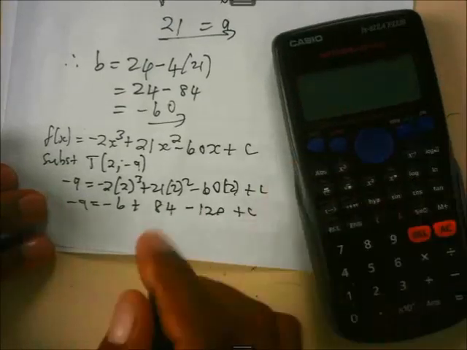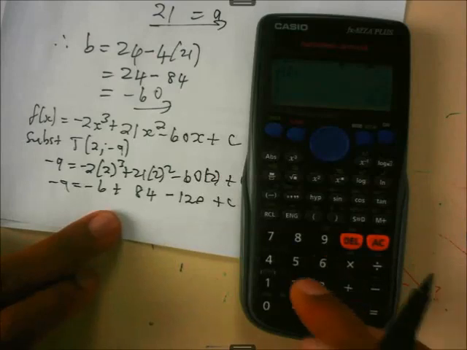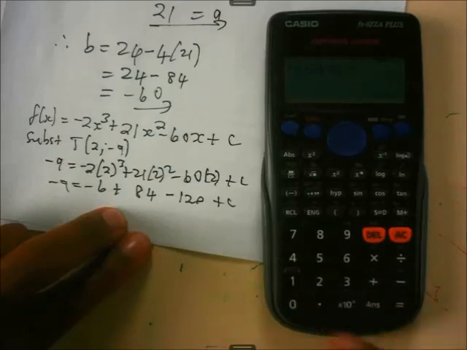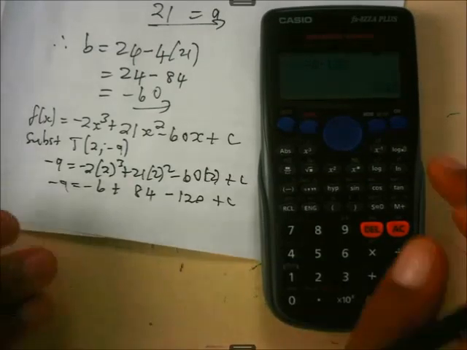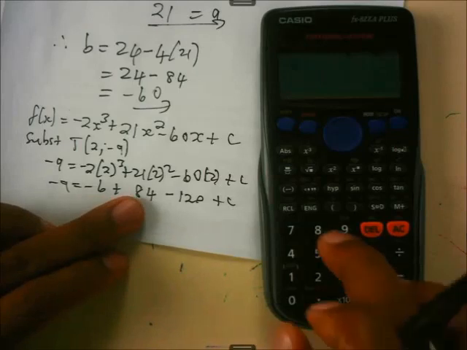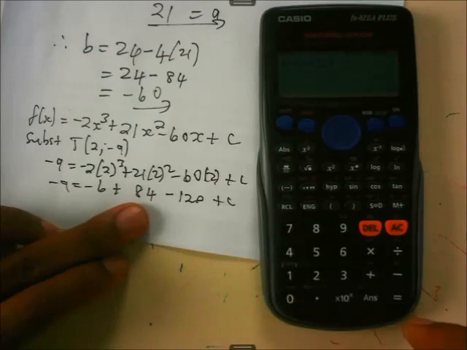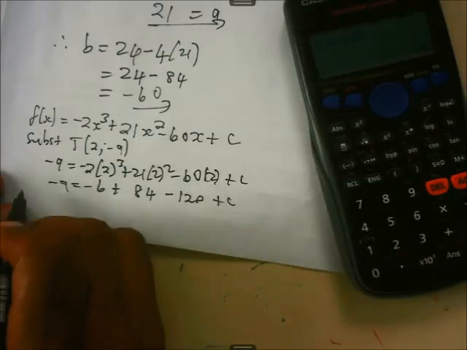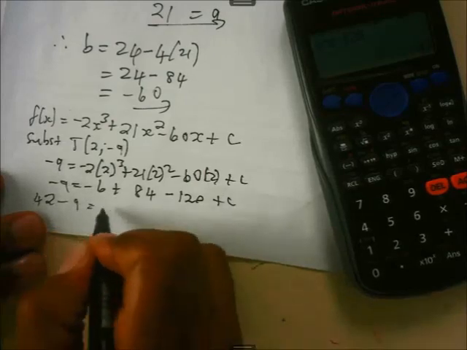Then of course, if I move everything to the other side, this will be minus 6 plus 84 minus 120, it is minus 42, and now we take it to the other side to have positive 42 here.